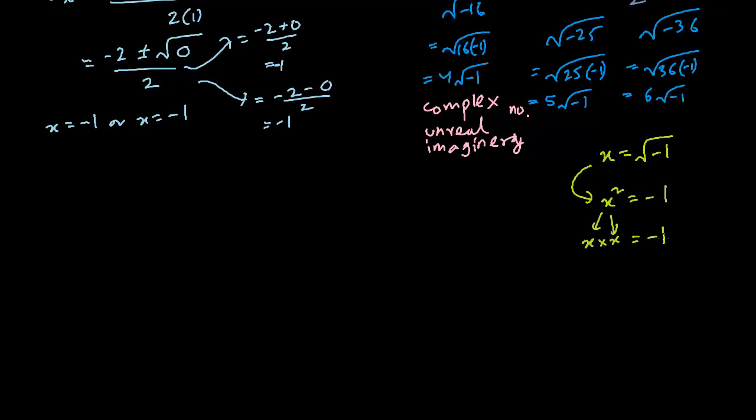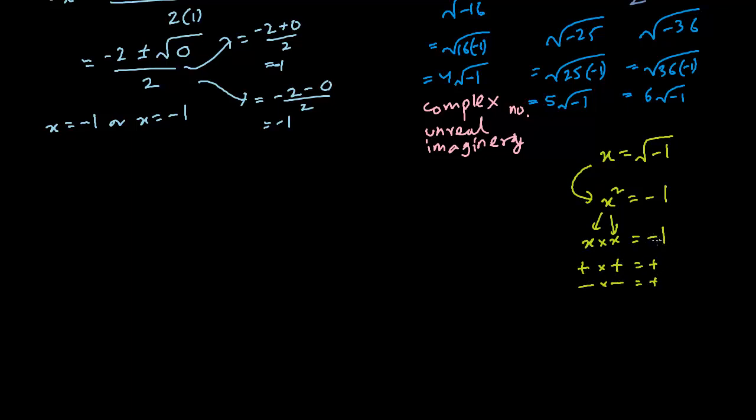Now this is not possible. The reason is that if x is positive, you're multiplying positive with positive, which is a positive number. But if x is negative, you're multiplying negative with negative, which is also a positive number. There is no way to multiply positive with positive or negative with negative and get a negative number.